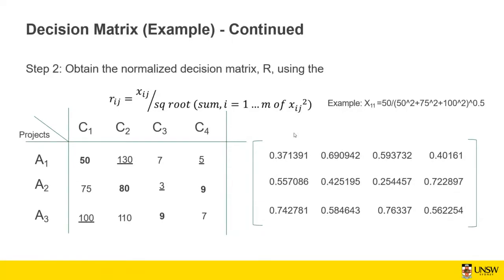One factor is that we want to make sure that all the numbers that we got here are from 0 to 1. The way that you're doing that, you're getting the square root of the sum of squares, in order to make sure that all the numbers are between 0 and 1. The other thing is that each number is divided by the sum of factors in that column, so the deviation from the average is also going to affect the result.